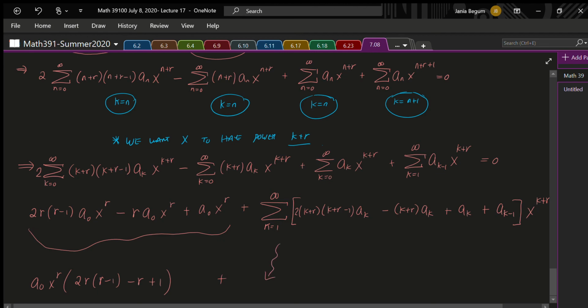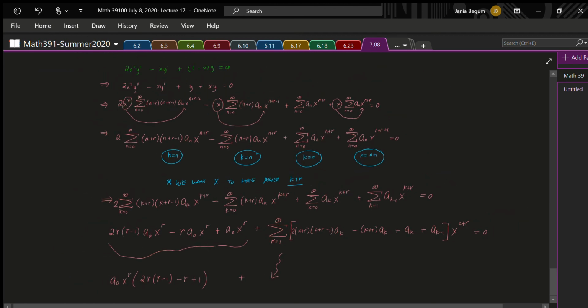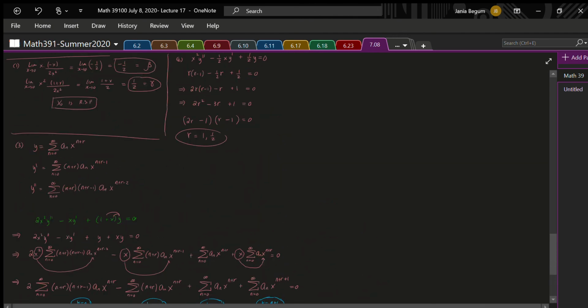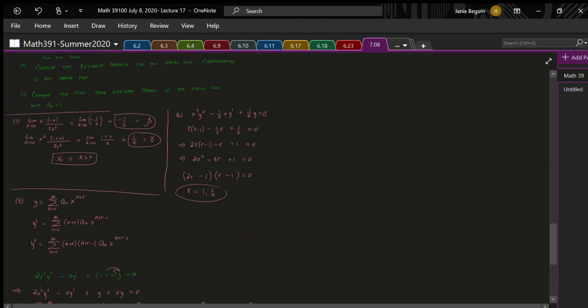So that goes here. Now what do you notice? If you stare at this equation, the 2r times r minus 1, minus r plus 1, isn't that what we had earlier right here from the Euler equation? Do you see it?